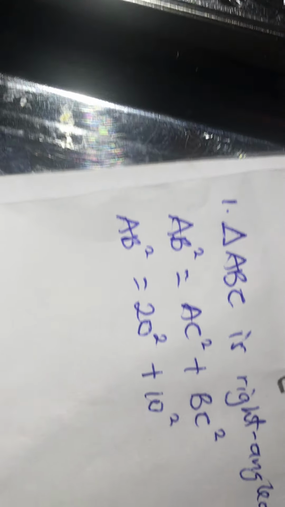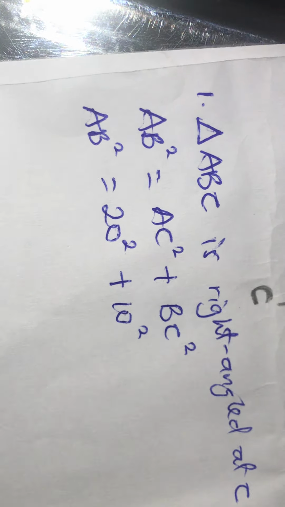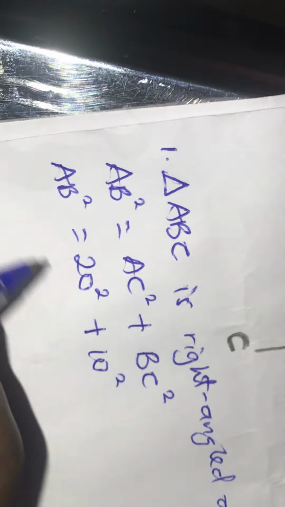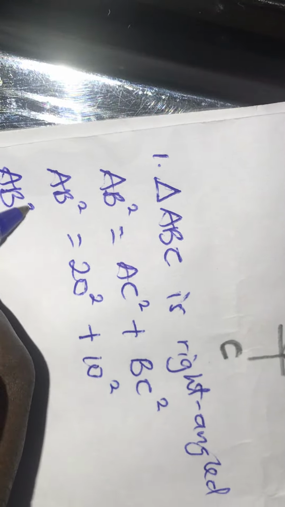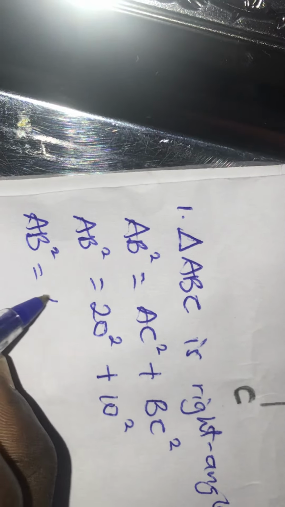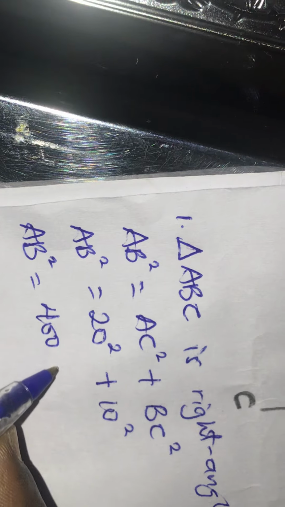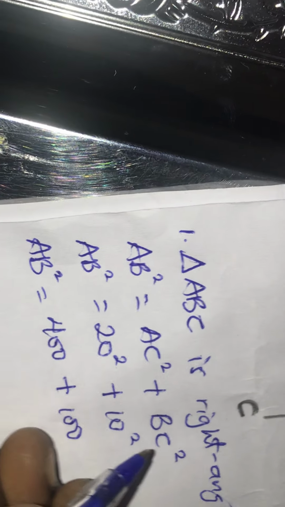We still maintain our AB squared, since we are looking for line AB. So we have to simplify this side. AB squared is equal to 400, that is 20 squared, plus 100.